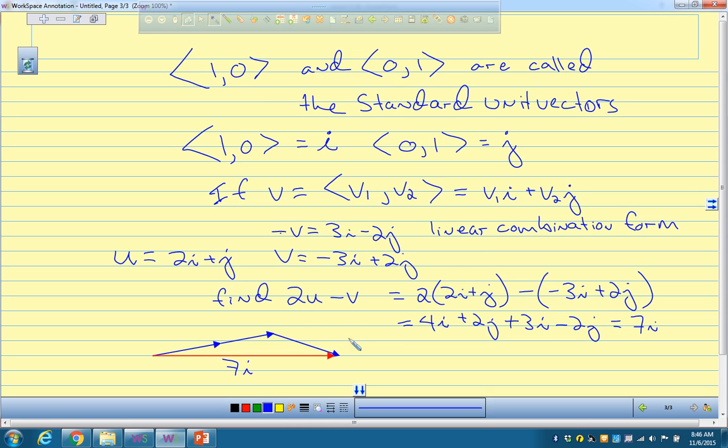So I go over 3 down 2, and my resultant is that I'm going straight across 7 without any ups or downs. And that's why it's the 7i vector. A j vector that's just j would go straight up or down. Yes? Questions about that?